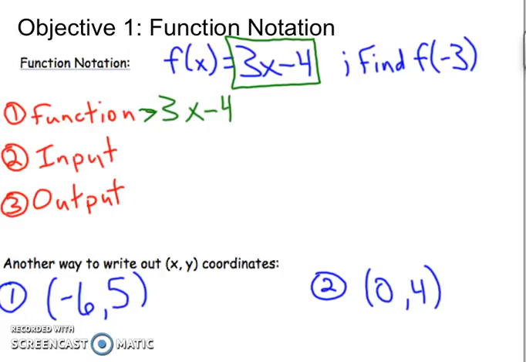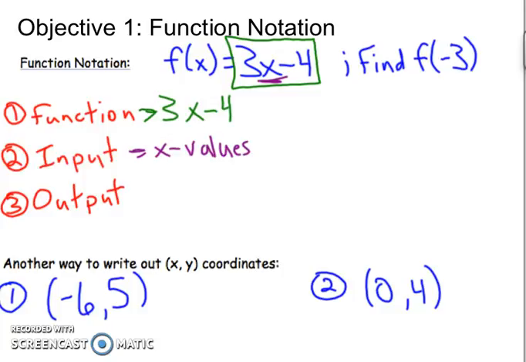That is the function. The input then, the input is the piece that you're going to put into the function to give me an output. The input I'll identify in purple. The input is whatever x is, the variable x. So I'm going to draw an arrow and put x value. So the input is always the x values.